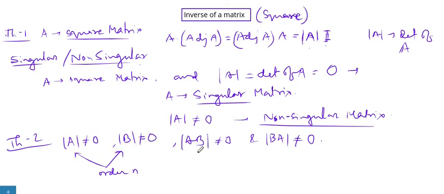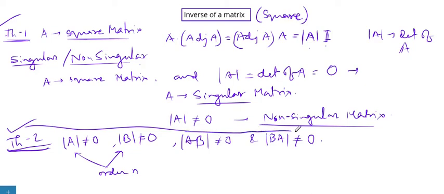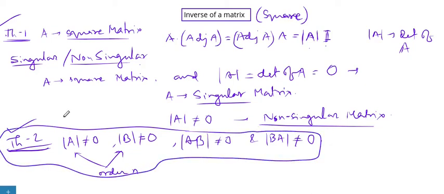Then AB is possible, BA is also possible. So the determinant value of AB would be not equal to 0, and the determinant value of BA would also be not equal to 0. So this is theorem 2, and this was theorem 1.